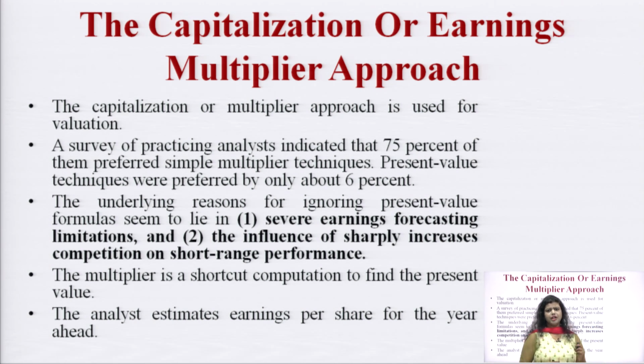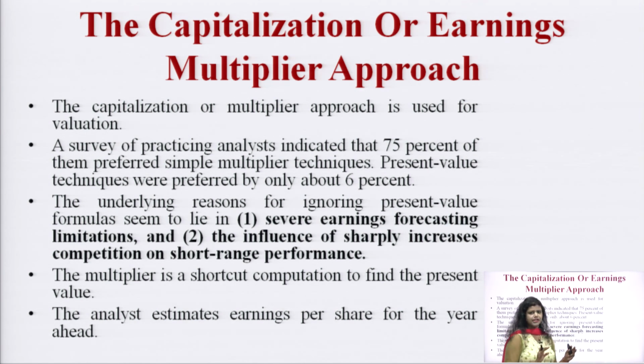Now this particular approach is very widely popular in the stock market and also among the investors and the analysts, because this calculation is very simple as compared to the present value through the 2-stage model or 3-stage model.